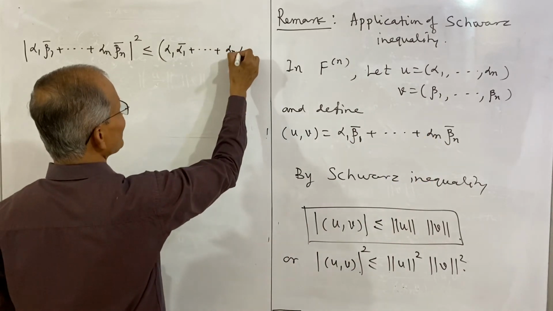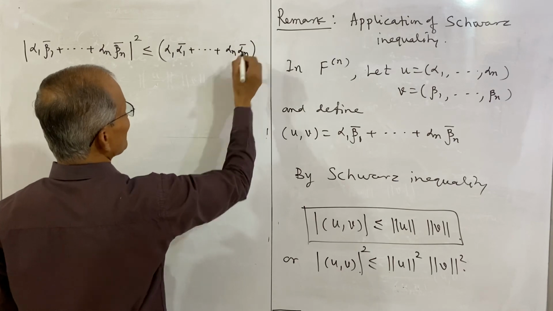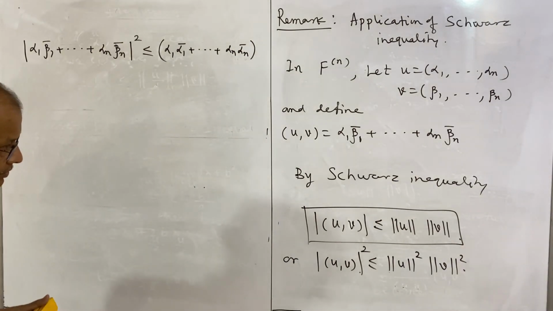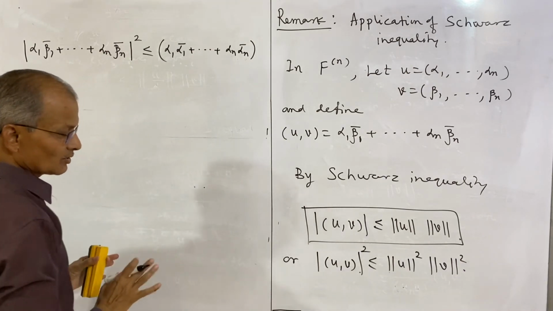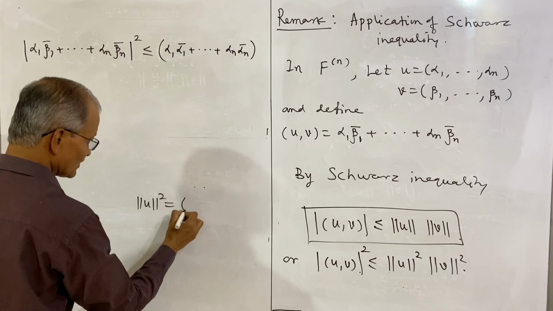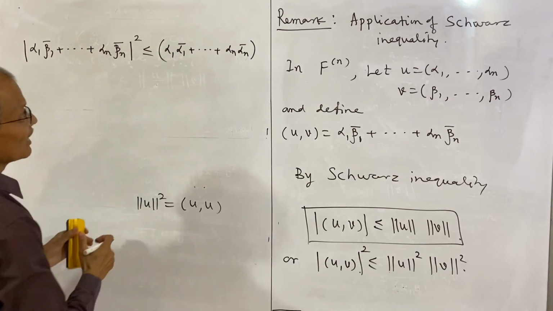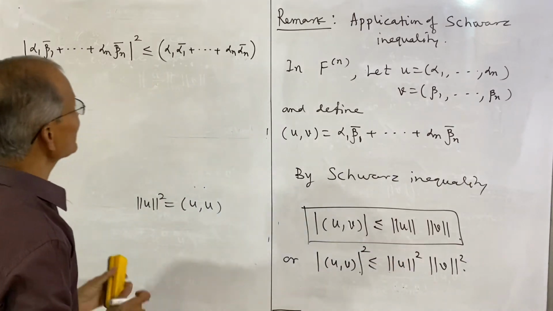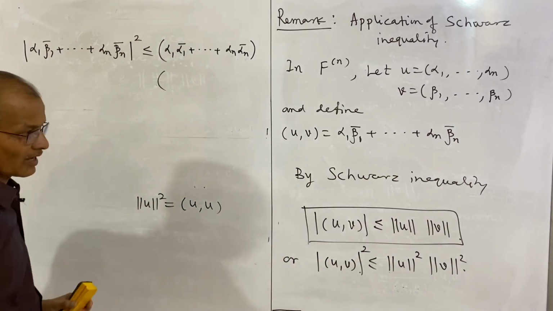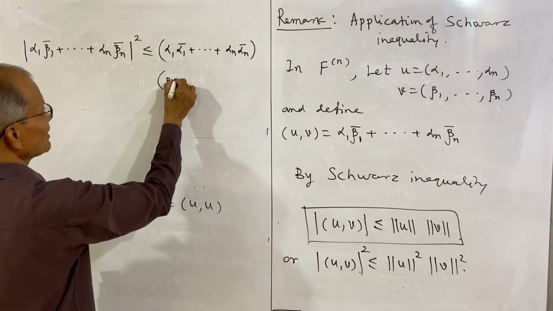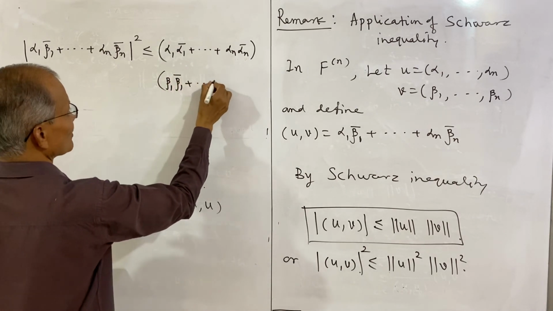So this is norm u square, because norm u square is the inner product of u and u. Similarly, norm v square will have beta 1 conjugate beta 1 and so on.